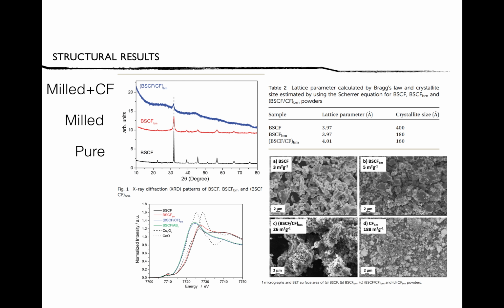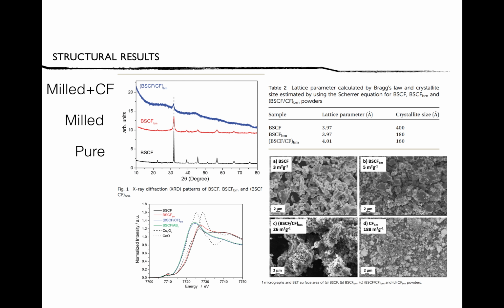When we look at the diffraction patterns, we see that the BSCF and the ball milled BSCF have the same pattern, which is expected because it's not predicted to have too much chemical structural difference.